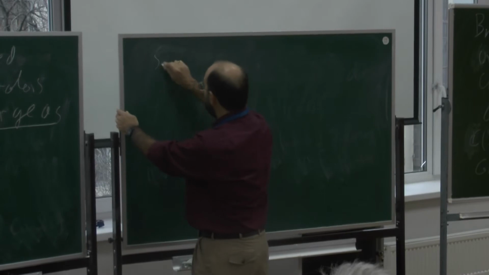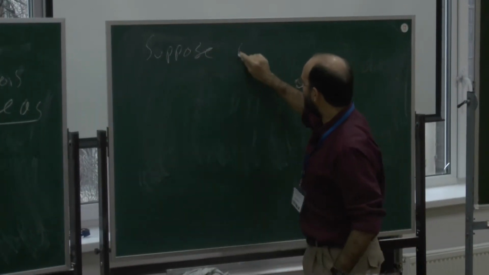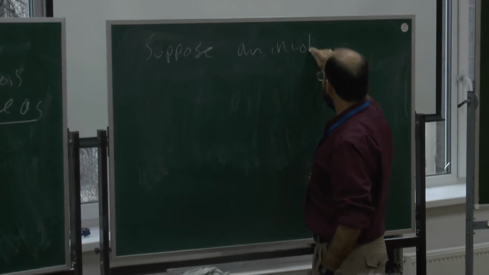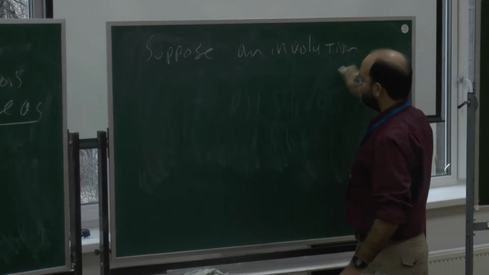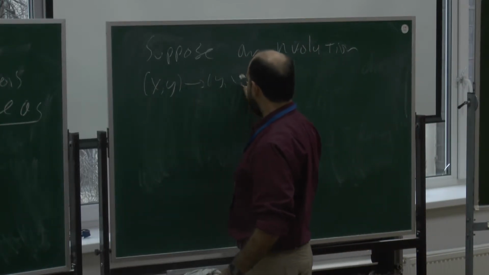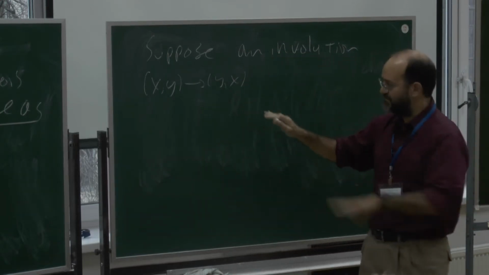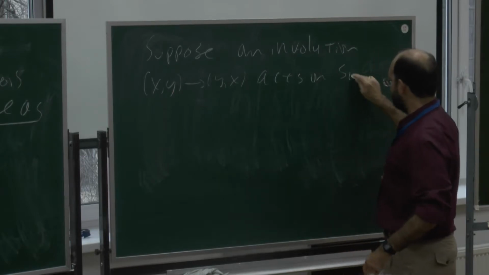So suppose, this is very pedestrian, an involution, say as dumb as this one, (x,y) goes to (y,x), or some other transposition, or some transposing matrices, acts on solutions.